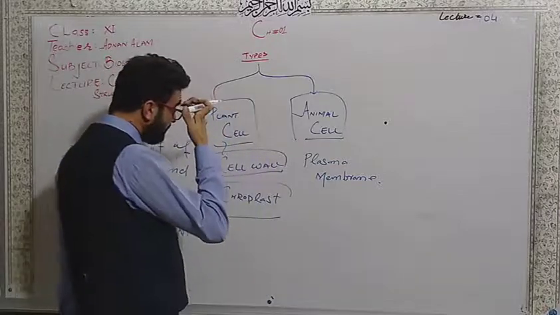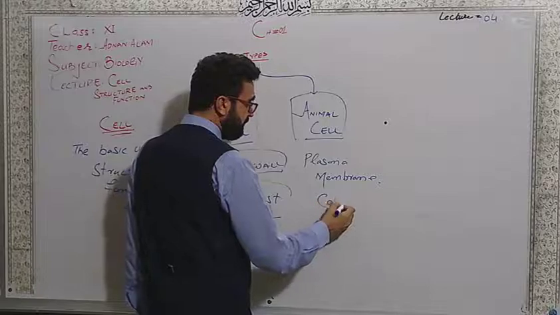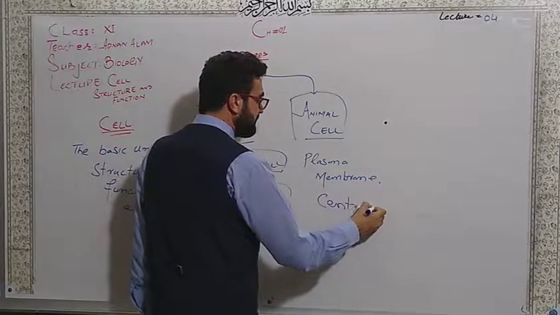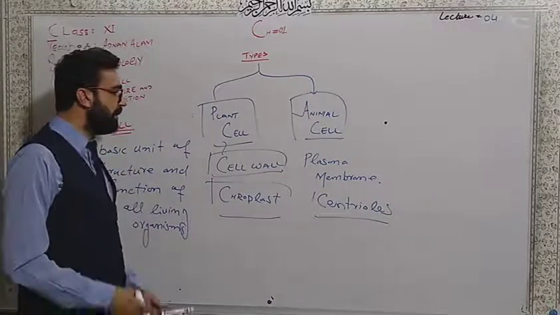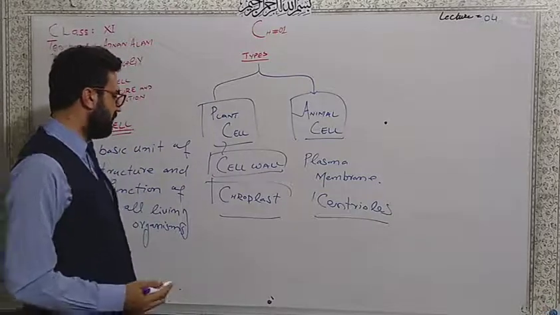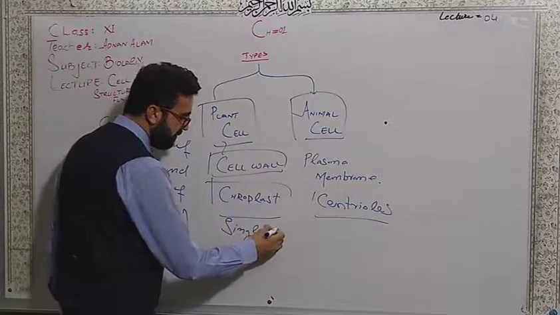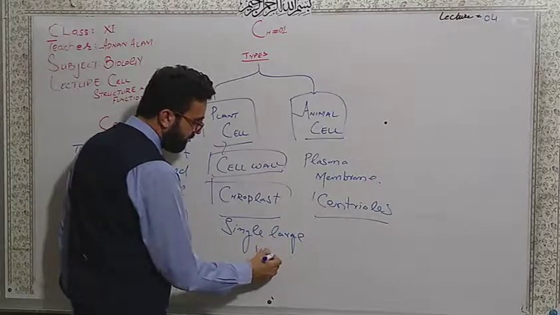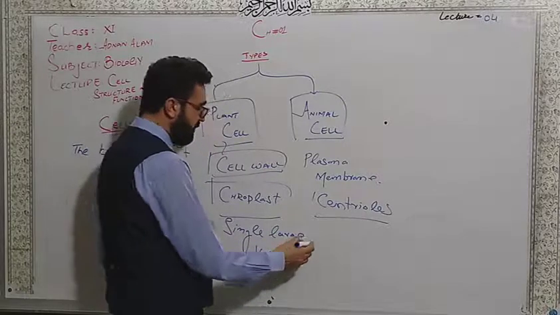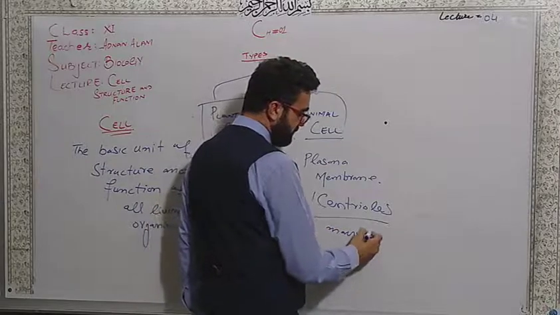And here we have centrioles, which are present in the animal cell but not in the plant cell. There are so many other differences also, like the vacuole: a single large vacuole is present in the plant cell, and here we have many small vacuoles.